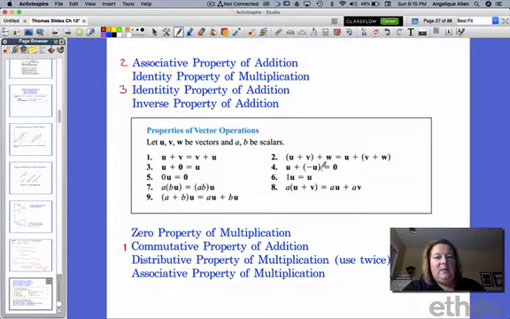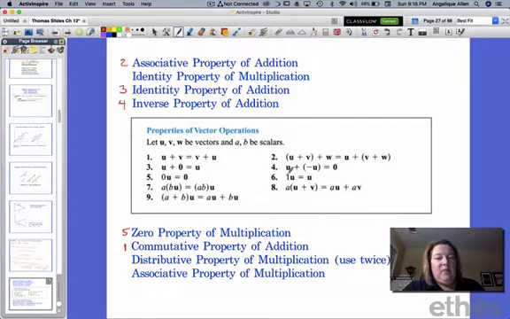For adding the opposite, that's inverse, since the inverse of addition is adding the opposite, so inverse property of addition. All right, scalar 0 times a vector is a 0 vector. That's obviously the one that's dealing with 0 multiplication here, so that's 5. And then 6, 1 times u equals u.